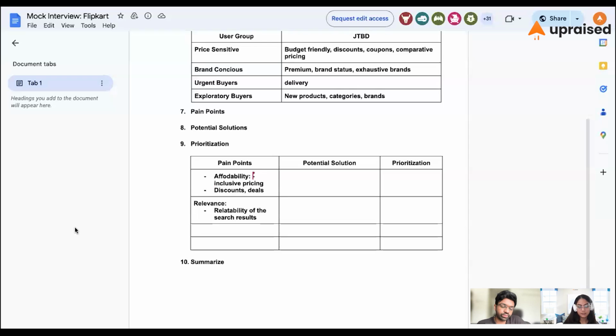Then next we can talk about price sensitive India. Trust again is very important. Although now we are at a stage where the Indian market is very open to e-commerce, trust still remains a point of concern for maybe people in the senior age groups. So trust is another pain point. We can also talk about quality here when we talk about trust.